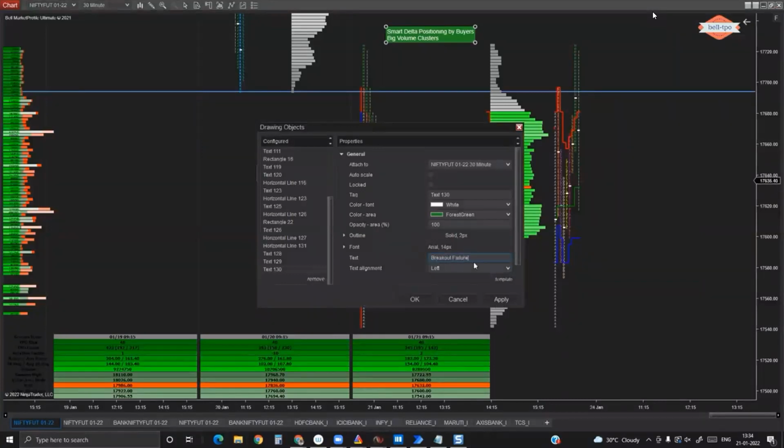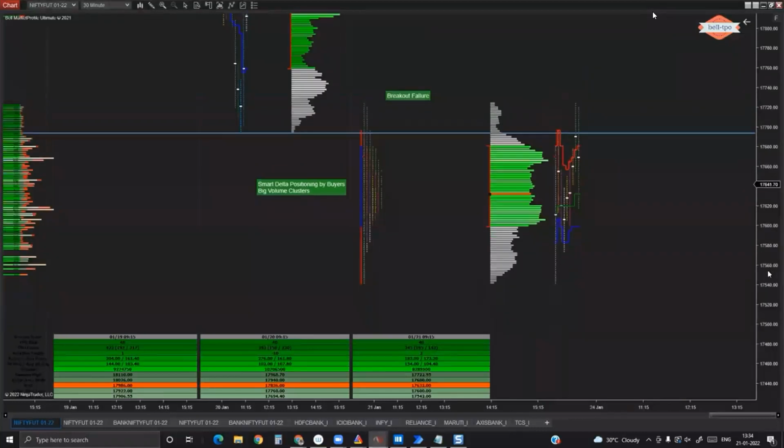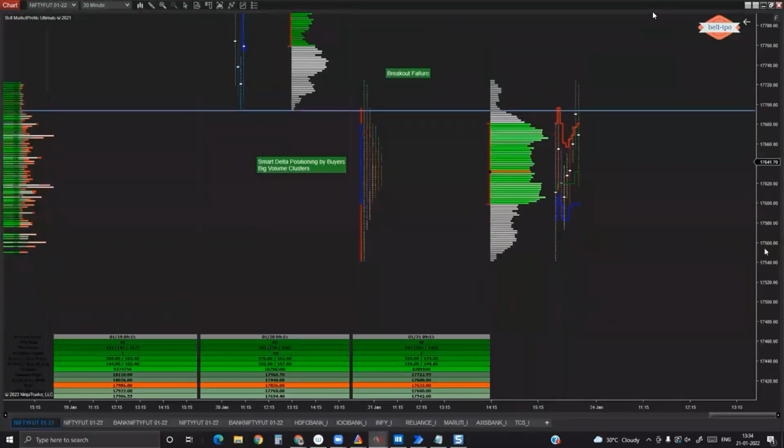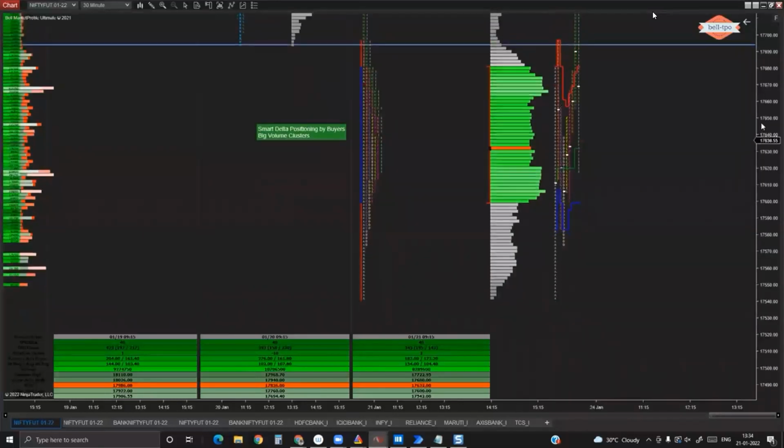Breakout failure usually will have day low testing odds. Sometimes the liquidation could go as crazy as possible. But it's a Friday, so for momentum, trade the momentum. That's been the game.